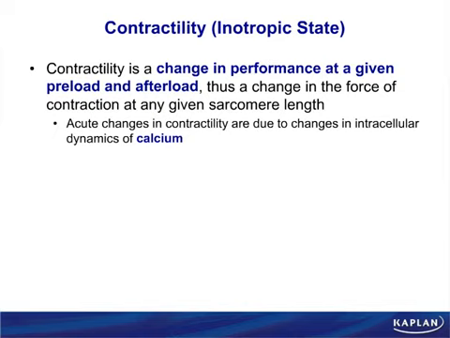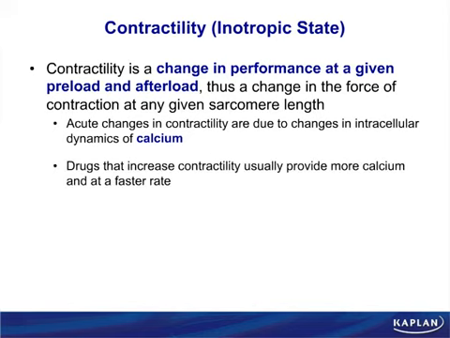Now, some drugs can increase contractility as well. And how are they going to do that? Provide more calcium and provide it at a faster rate. We said drugs. Talk to me, pharmacology. Tell me about some drugs that increase the inotropic state. Hopefully you said beta-1 agonists, like dobutamine. Also, dopamine can do it. It's not working through beta-1, but it's going to act like a beta-1 agonist.